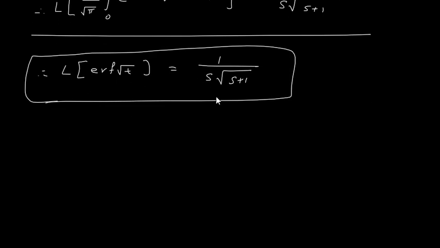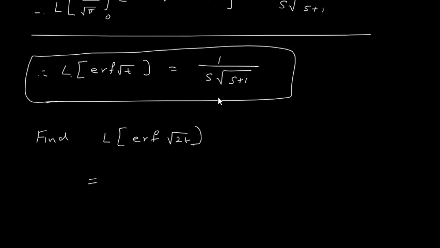Now based on this error function, we can have problems like find Laplace of error function of root 2t. How will I get error function of root 2t? We have the multiplication theorem we have seen in the beginning. We will use that multiplication theorem. First we find Laplace of error function of root t, which is 1 upon s root of s plus 1.